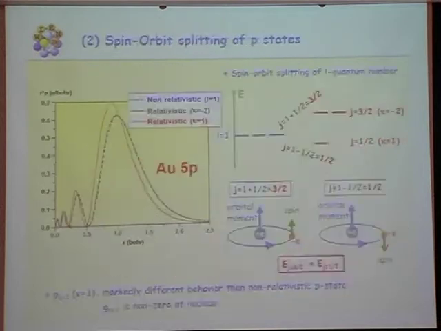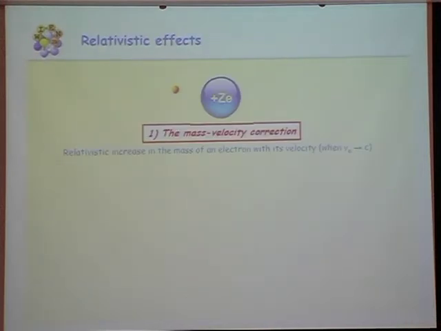Just to sum up what we heard about the relativistic effects, there are basically four main effects. The first one was the mass velocity correction. That is the obvious thing you would say about relativity. What means relativity? It is important when particles move very, very fast, approaching the speed of light, and that happens for heavy elements and deep core states.